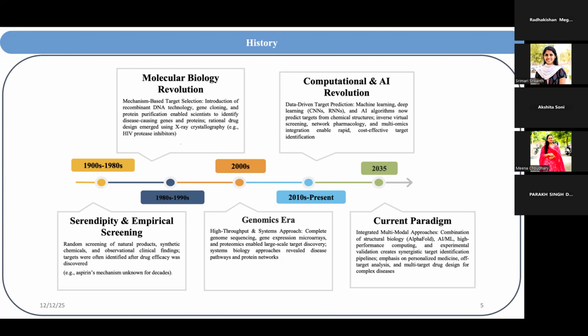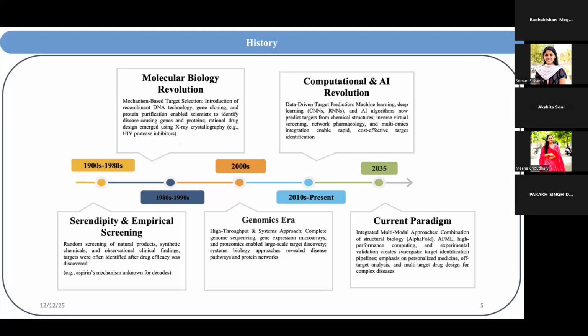What exactly happened is that the molecular biology revolution took place. With the introduction of recombinant DNA technology through gene cloning, they could isolate disease-causing genes, and then it progressed to structure. The entire strategy shifted towards it.